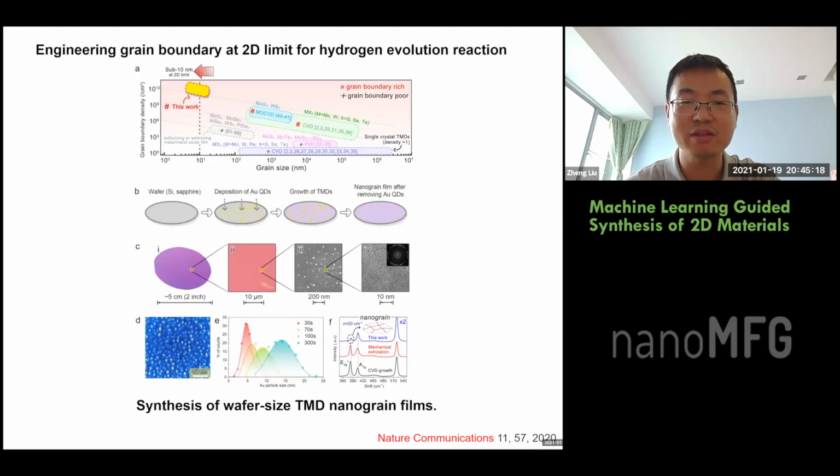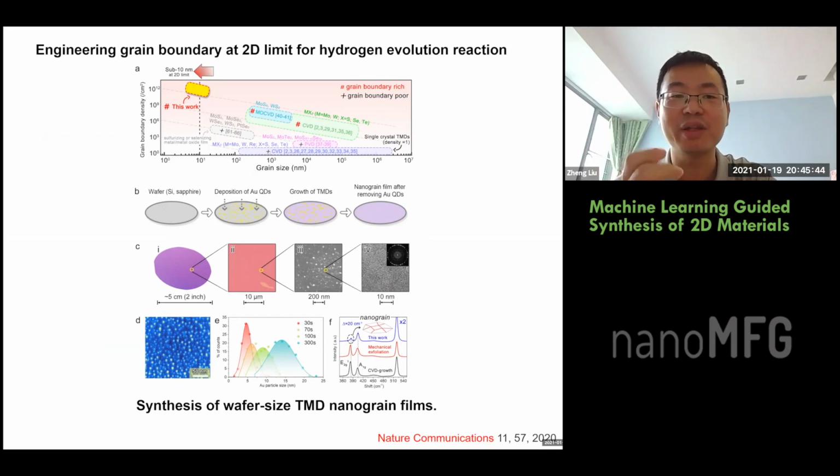And the third story about the materials is the ultra-high grain boundary 2D materials. So now some people are looking for really high quality, low grain boundary density material for electronic material, right? However, grain boundaries or defects have different functions, such as in catalysis, right?